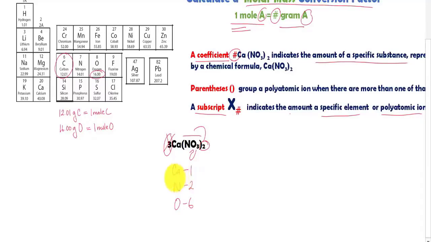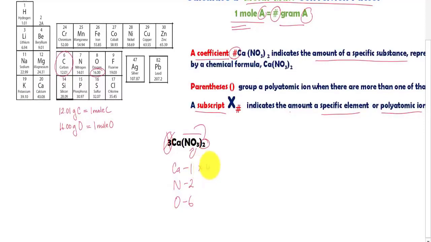To determine the total mass of all the elements in the chemical formula, we have to use the periodic table. First of all, we have calcium, which we multiply by 40.08, because each one of them is 40.08. For nitrogen, it's 14.01. For oxygen, it's 16.0. Then we do the math.